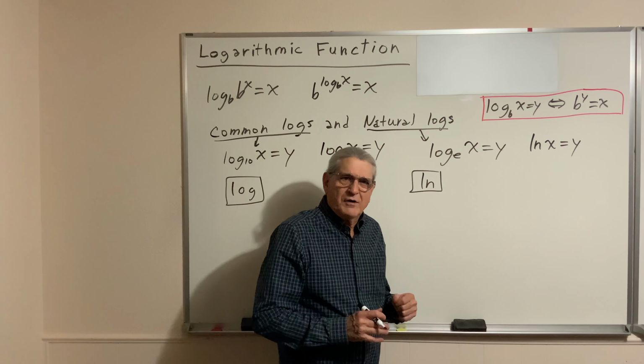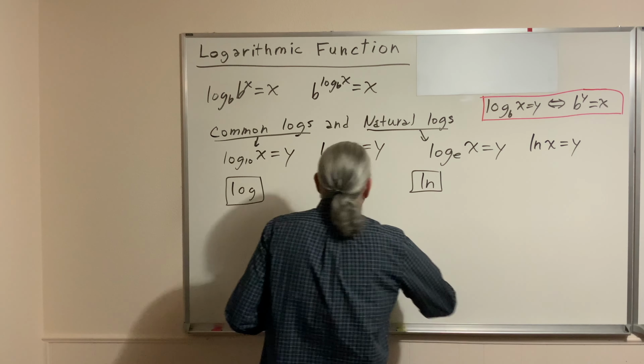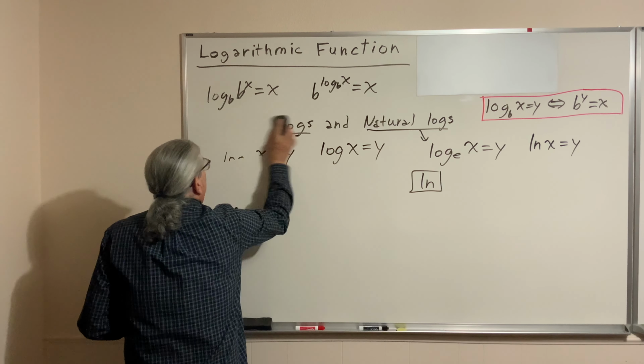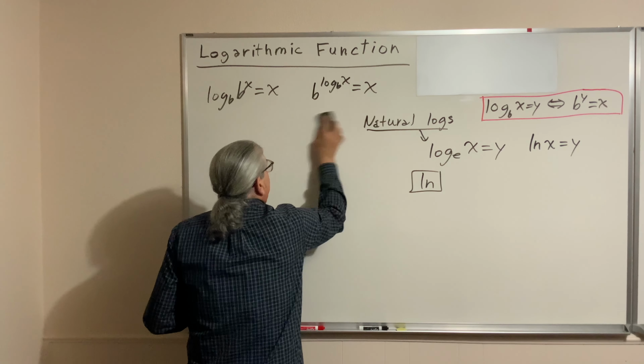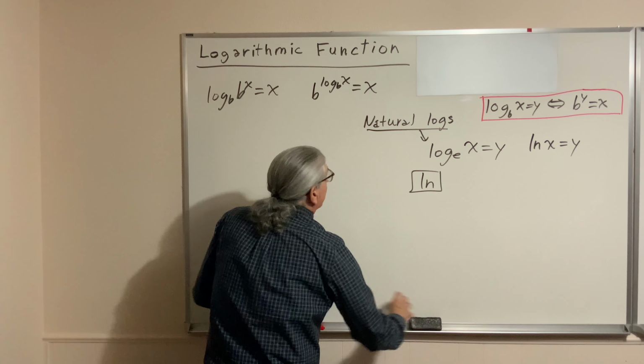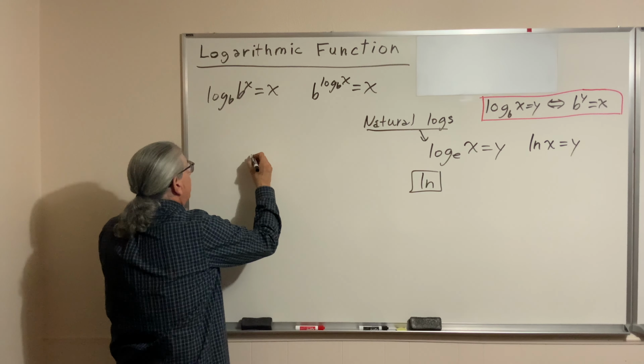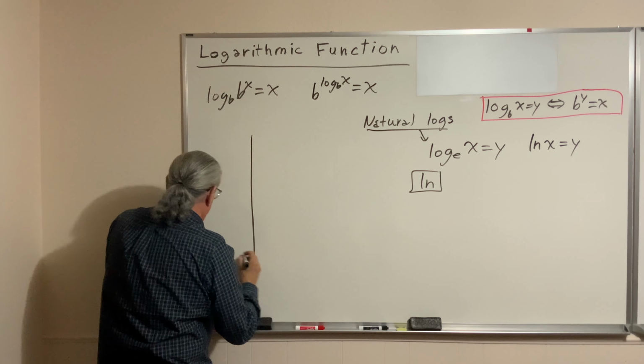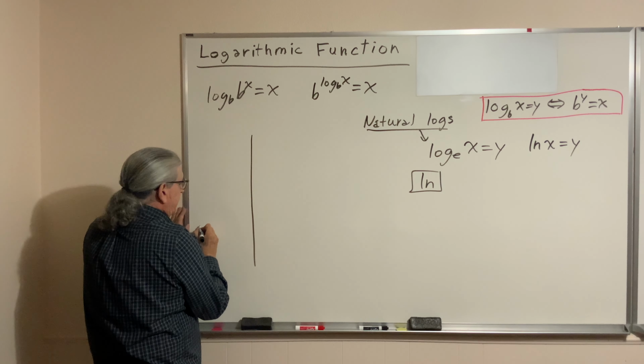Let's talk about the graph to get a feeling for this. Actually, let's do the graph of the natural log. This will just be a rough graph to give you an idea.